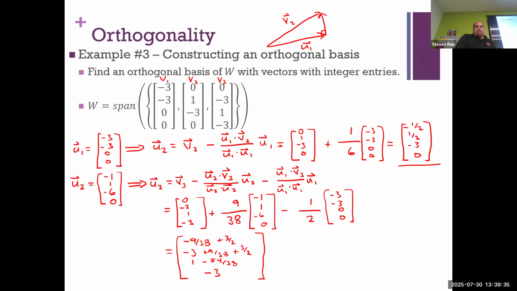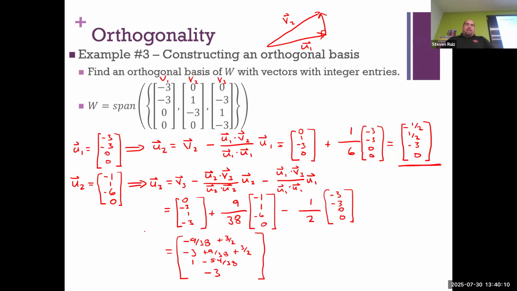How can I get integers out of it? If I convert into decimals, I worry about what the rounding will do to the information I'm trying to hold on to. So notice what we did to get U2. I found this vector right here, whose directions are good, but I don't like the fact that it has fractions in it. So what did we do to this vector to get our real U2? We doubled everything, right?